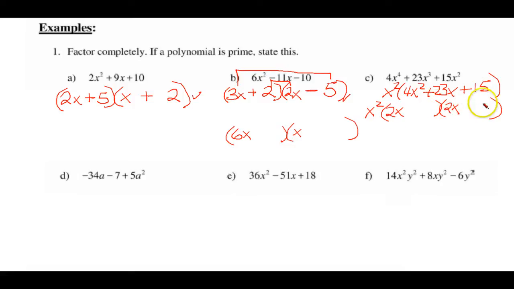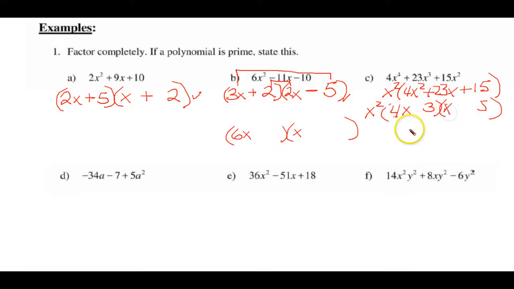Now 15 could be a 5 and a 3. I don't think it's going to be a 15 and a 1. So this is going to be 10 and this is 16. So this doesn't work. So we take our eraser and let's try here a 4x and a 1x.